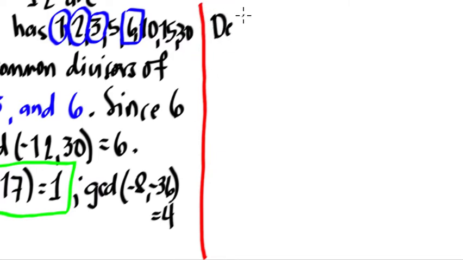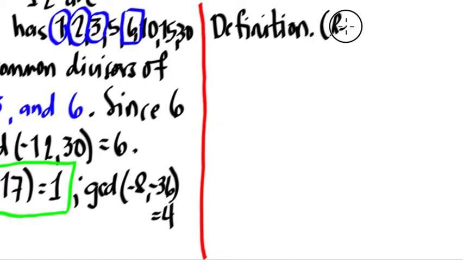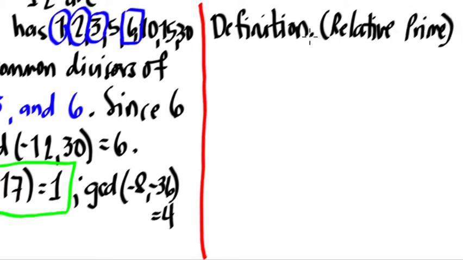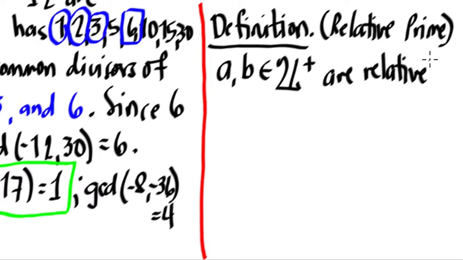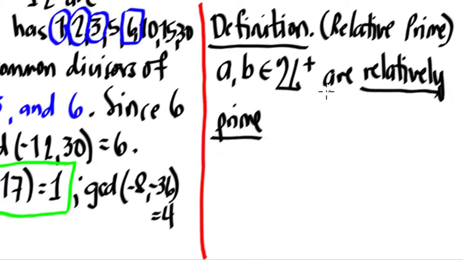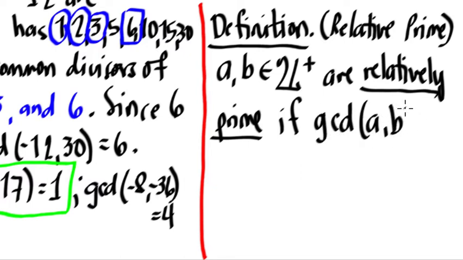Definition of relatively prime. So two positive integers, a and b, are said to be relatively prime if the GCD of a and b is equal to 1.